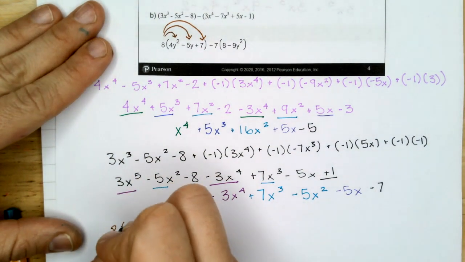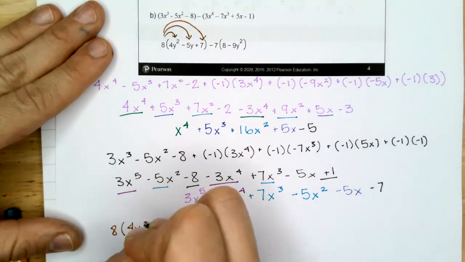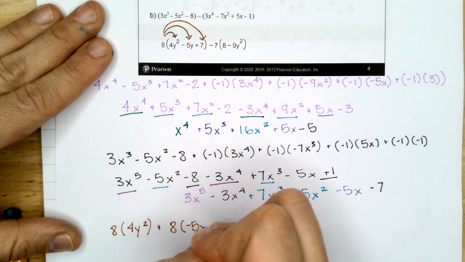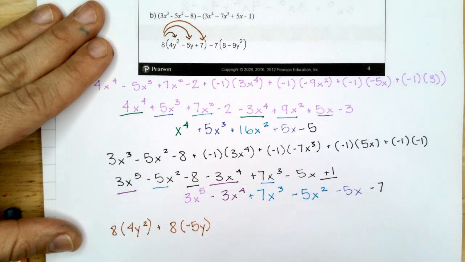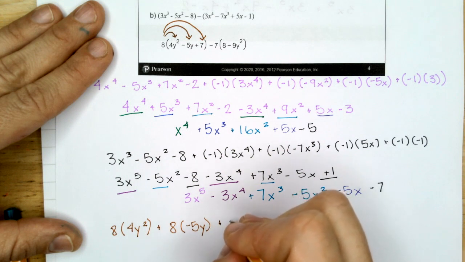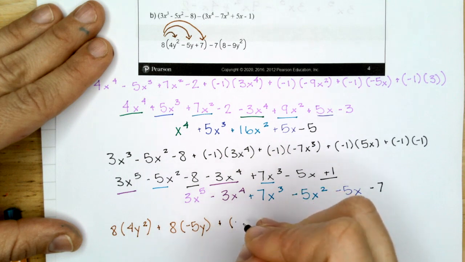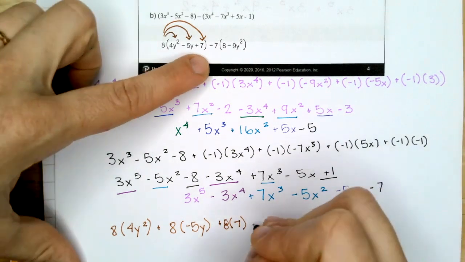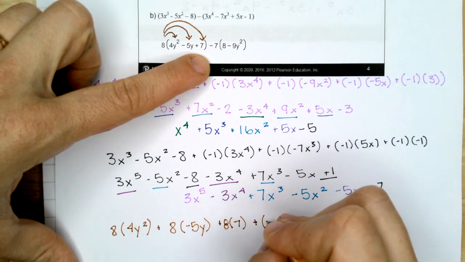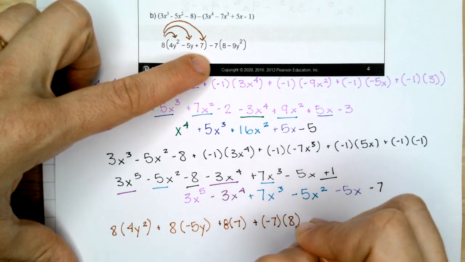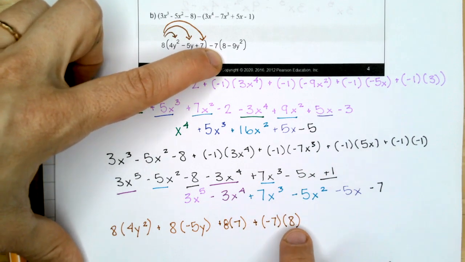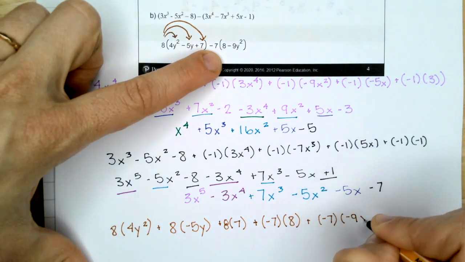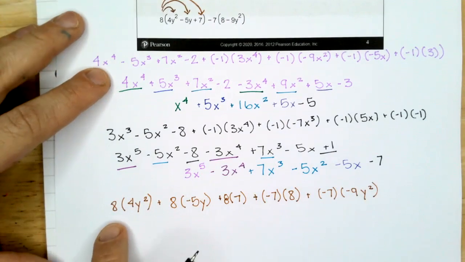So now we have 8 times 4y squared plus 8 times negative 5y, and you're welcome to say that that's minus 8 times 5y, plus 8 times 7, minus, plus negative 7 times 8. As you can see, there's a lot of ways to do it. So you could just say minus 7 times 8, plus negative 7 times negative 9y squared. Good?